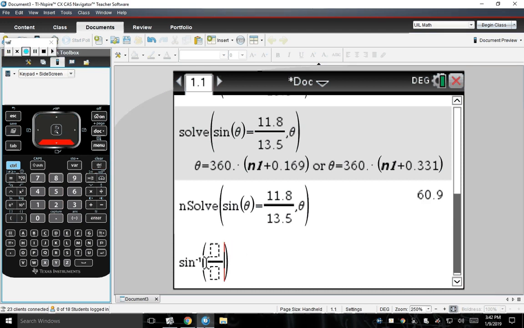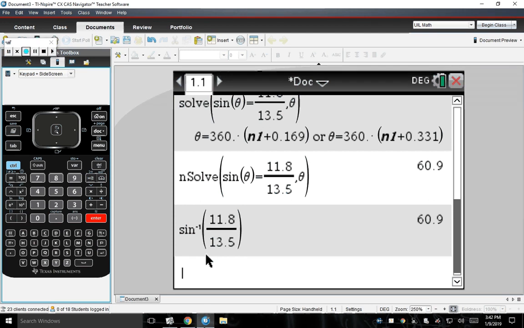So 11.8 over 13.5. And you'll get the same answer. I'm not giving you options. I'm not teaching you this and saying, hey, just choose one and do it. I'm showing you because you got to know them all. Okay? Whatever ones you need to use, when you need to use, you develop that through practice and homework.